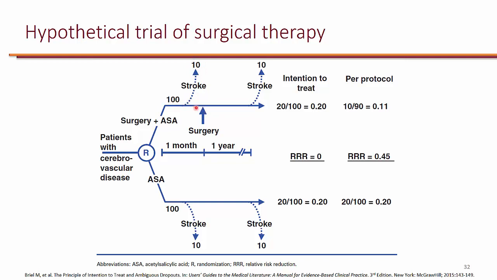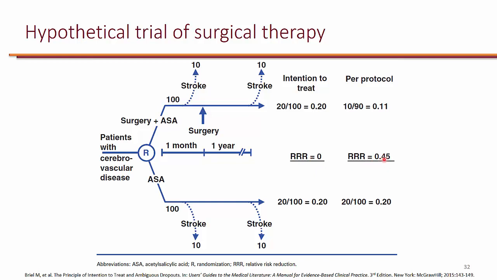So 90 patients will go through surgery, and 10 of those 90 will have stroke. So 10 out of 90 will give you a rate of 0.11. And of course, nothing changes in the other group, so you still have the 0.20. This will give you a relative risk of 0.55, so a relative risk reduction of 0.45. And that's a huge difference.